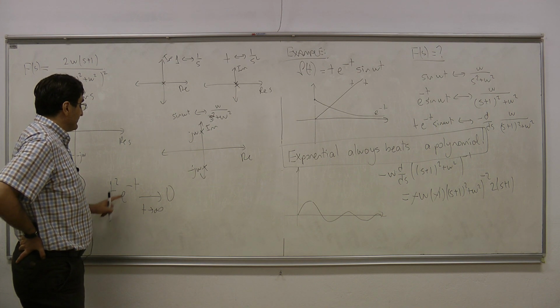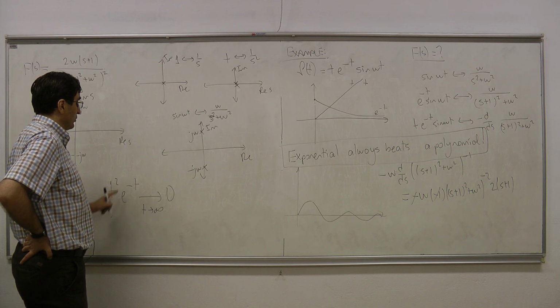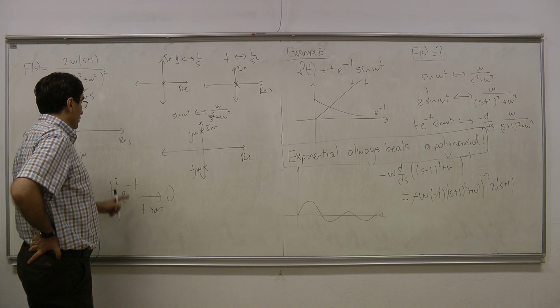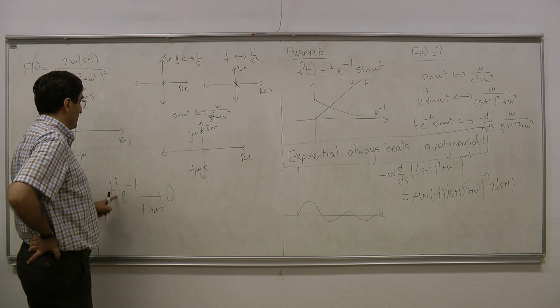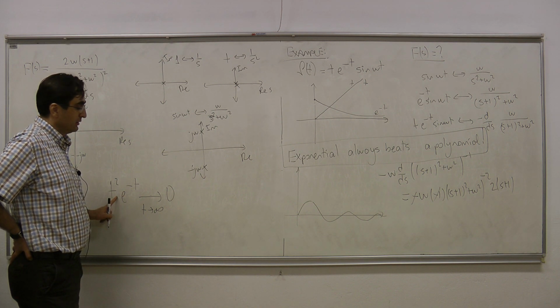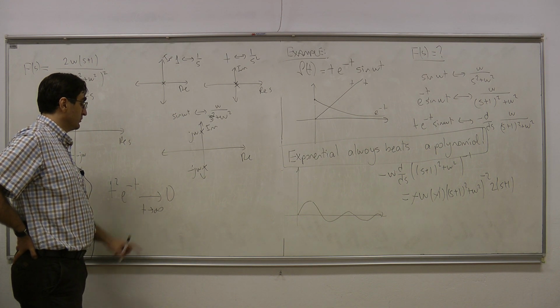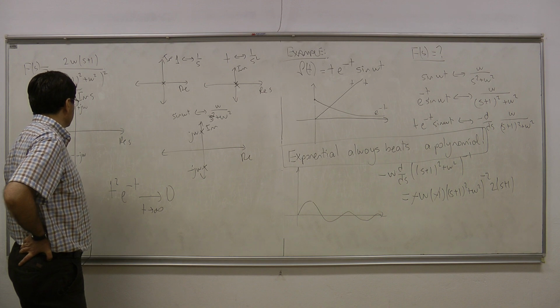Whatever polynomial I have in front of a decaying exponential is going to dominate the behavior of that polynomial, and it's going to make the function of time go to 0 as time goes to infinity.